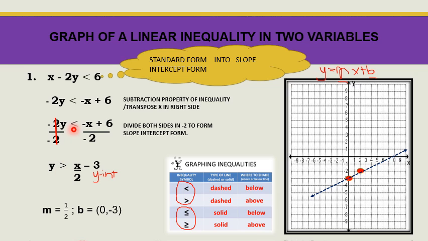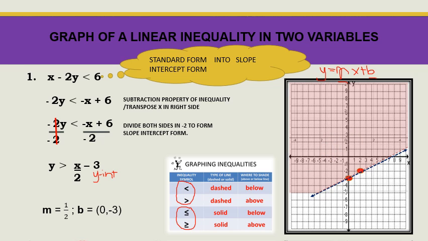If the symbols interchange, we need to follow the last symbol. So this is greater than, which means we need to shade above the line. So let's shade above the line. This shaded part is the solutions of x minus 2y less than 6.